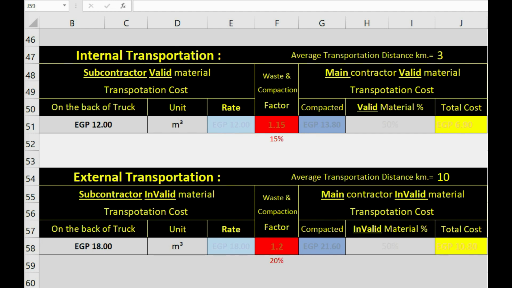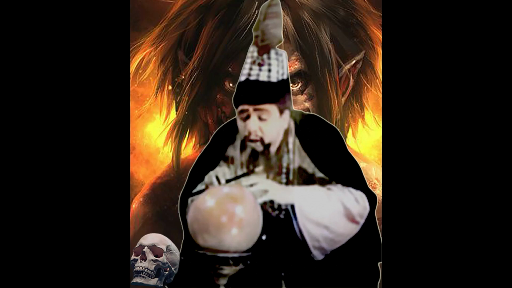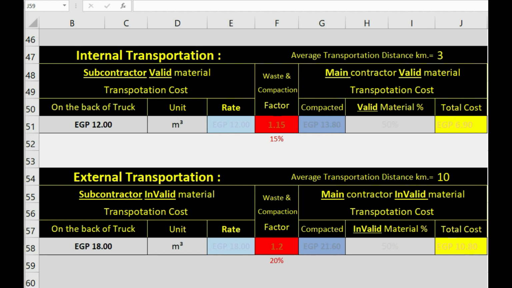Since we do not have a fortune teller to tell us, we will consider such a percentage equal 50 to 50%. In other words, each cubic meter will be divided into two: 1/2 cubic meter to be moved to the backfilling area and the other half to be moved to the public dump. This is one of the risks in the price analysis.